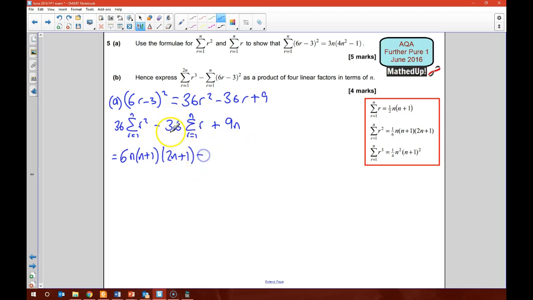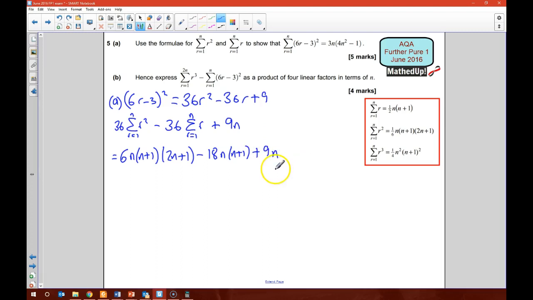And I'm going to subtract 36 times this, which is half of n times n plus 1, so 36 times a half is 18, so that's going to be take away 18 times n plus 1, plus 9n.